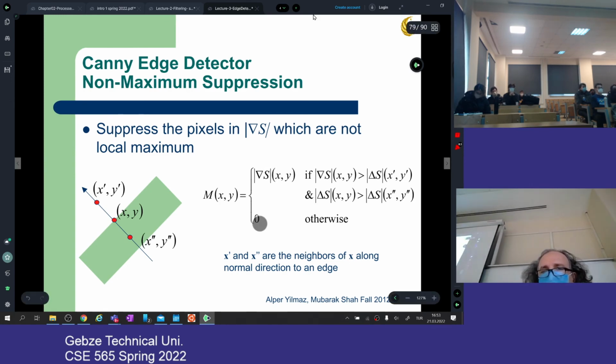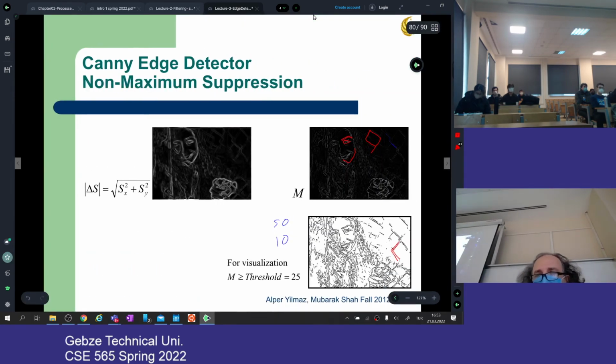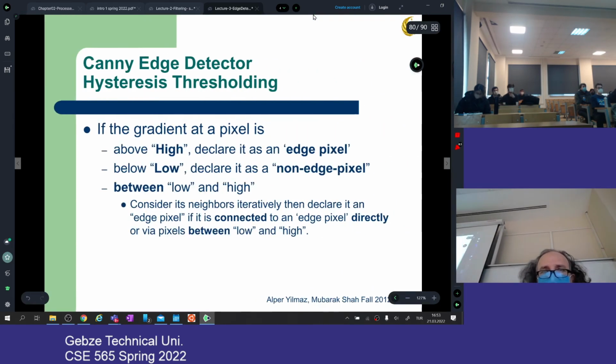Otherwise, I suppress myself. I say that I have a neighbor whose gradient is higher than me, so I will not talk after that. That guarantees that only one pixel will be selected out of my neighborhood, and that will be representing my neighborhood.